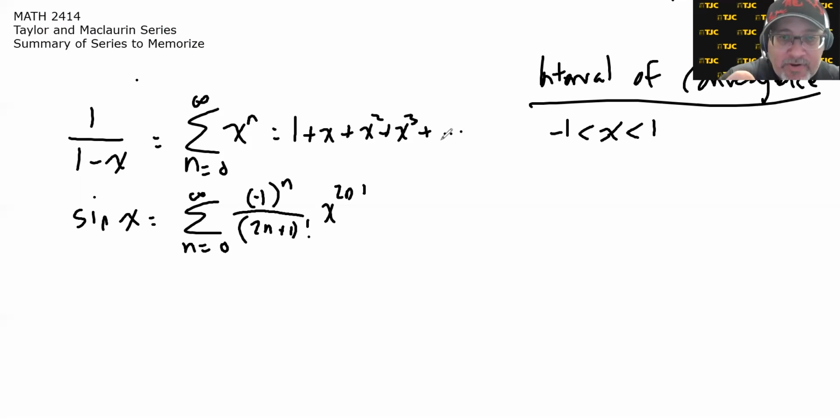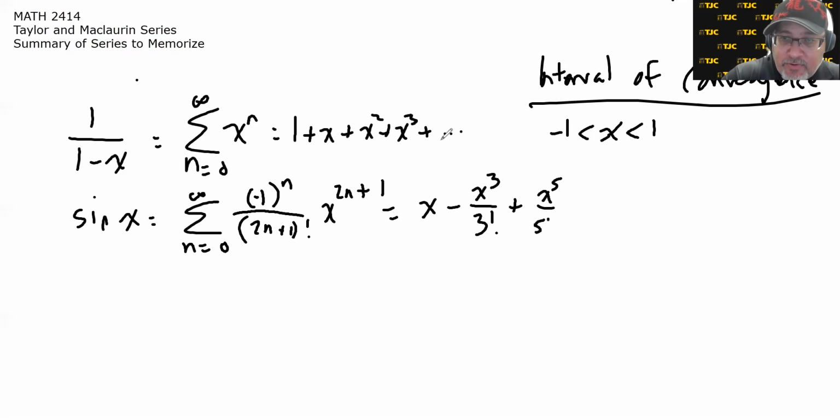If you'll recall, when we did the Maclaurin series for sine, all the even powers disappeared and all the odd powers remained. It was an alternating series. So this was equal to x minus x cubed over 3 factorial plus x to the 5th over 5 factorial minus, and so on.